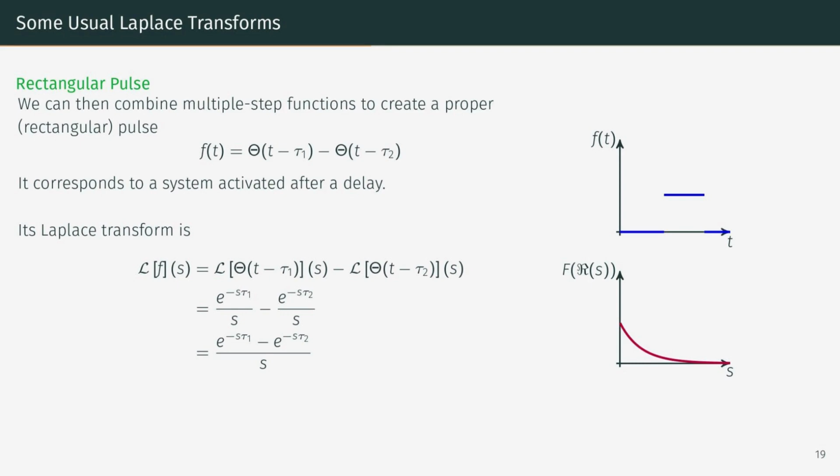Solving this, we get e to the negative s tau 1 over s minus e to the negative s tau 2 over s, which can be rewritten over a common denominator to get e to the negative s tau 1 minus e to the negative s tau 2 over s. Again, the bottom shows the graph of the Laplace transform for real values of s.